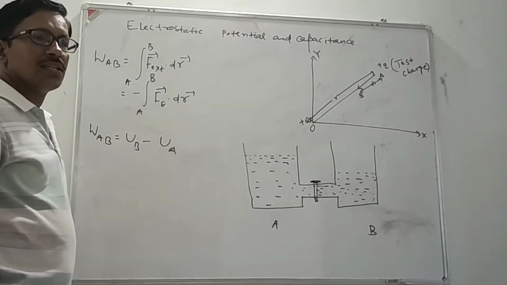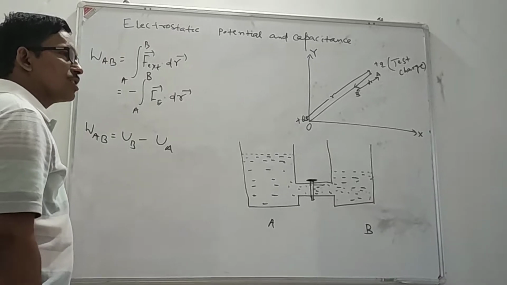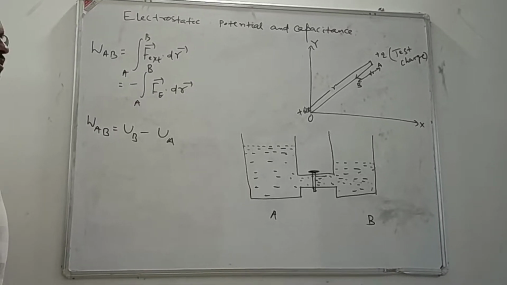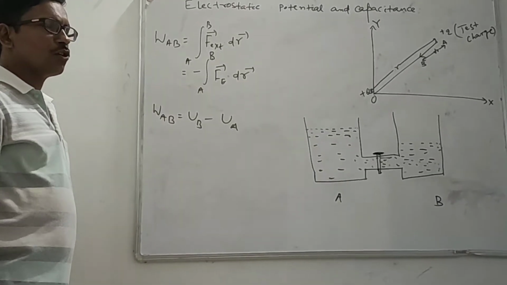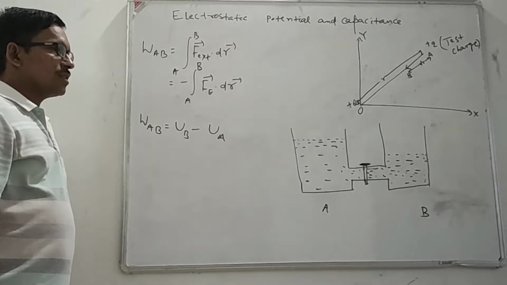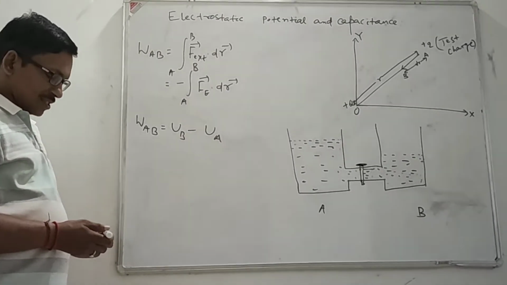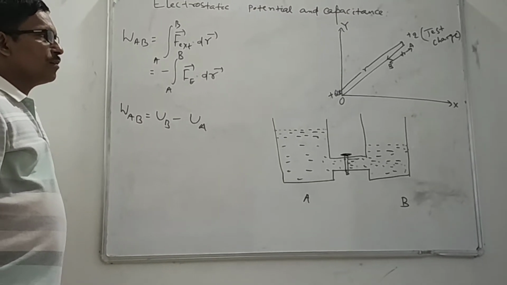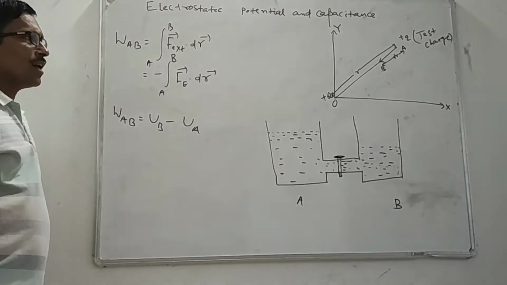Now this equation defines the electrostatic potential energy difference in terms of a physically meaningful quantity, that is the work done. Now how is this defined? The electrostatic potential energy difference between 2 points A and B is defined as the amount of work done in moving a charge from point A to point B against the electrostatic forces without acceleration.